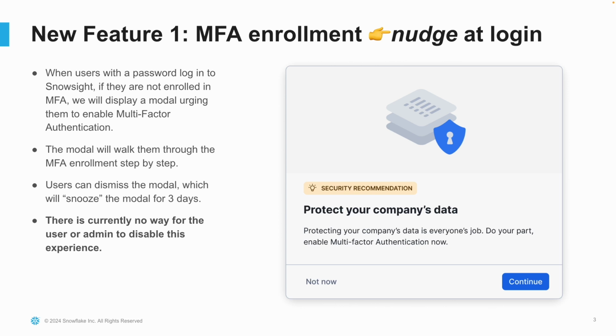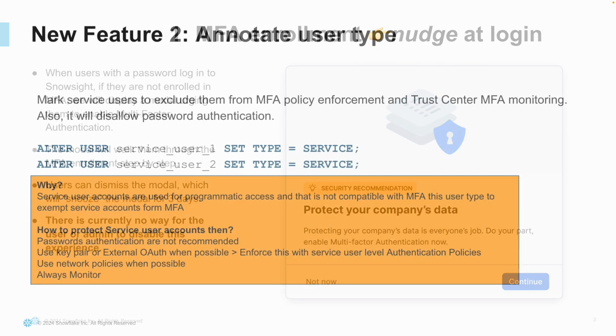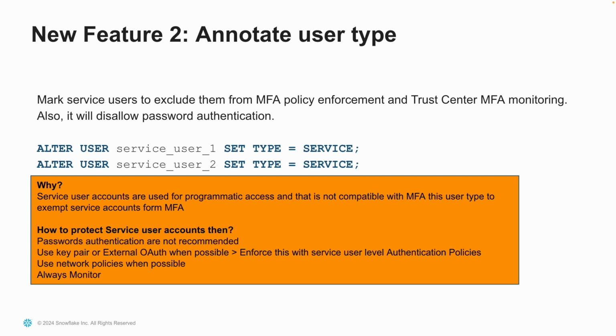And the way that we are going to tell the difference between whether you have enrolled MFA inside Snowflake as a Snowflake user or your identity provider is through a new user type called type for that user. And so you can define a user as a human user, as an admin user, or as a service user.